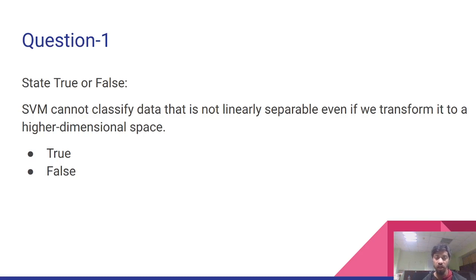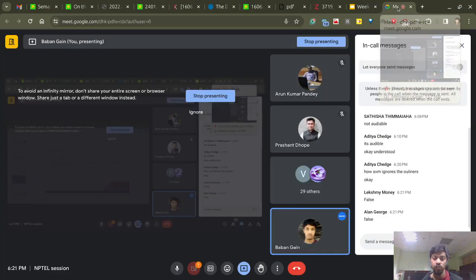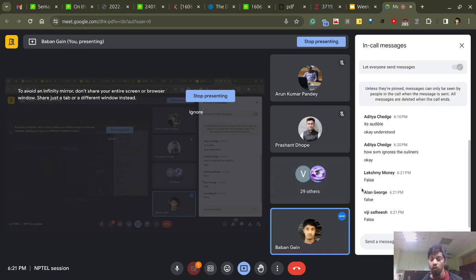What do you think and why? SVM cannot classify data that is not linearly separable, even if we transform it to a higher dimensional space. Yes or no? False, false, false. Okay.